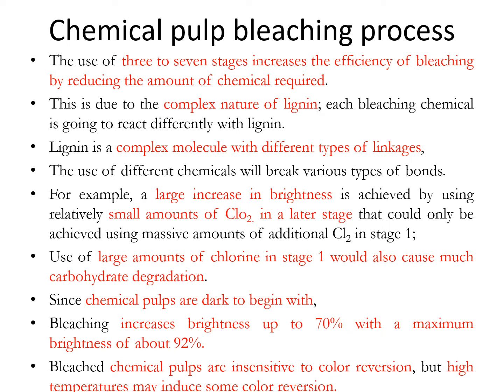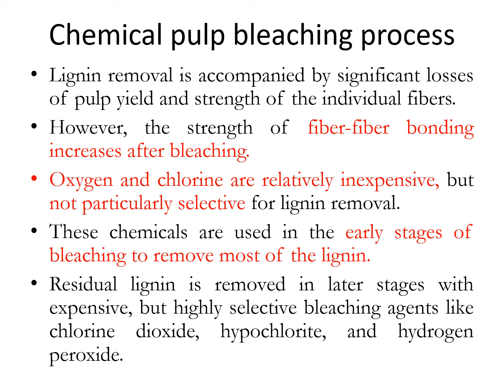The color reversion, unlike mechanical pulp, okay, there is very little chance of color reversion, but at high temperature it may show some color reversion. During the lignin removal stages by different chemicals, the strength of the individual fibers is lessened. However, the fiber to fiber bonding strength increases after bleaching.